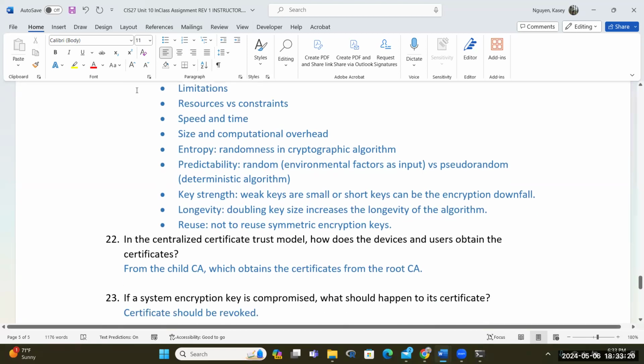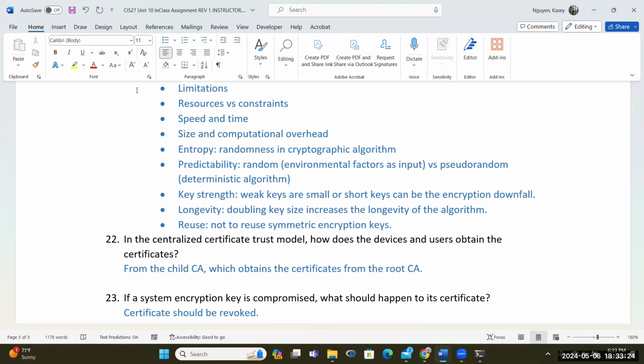There is a server role called certificate authority, and its subset is called child CA, or child certificate authority. This can be initiated in the network environment to distribute certificates.